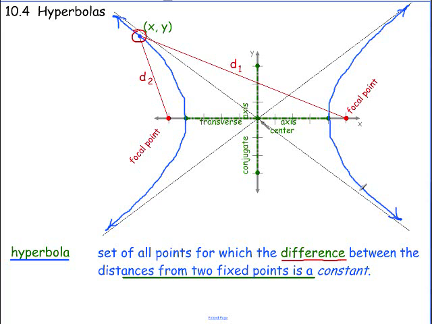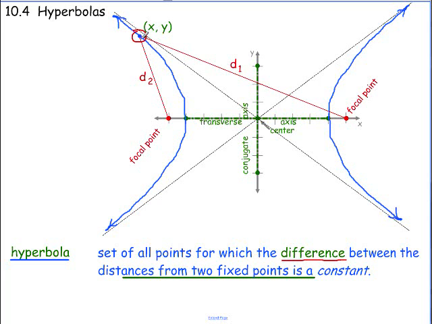We could have chosen any point here, any of these points on either branch, and it would still be true what we're saying here, that the difference between the distances from this focal point and this focal point is going to be unchanging.